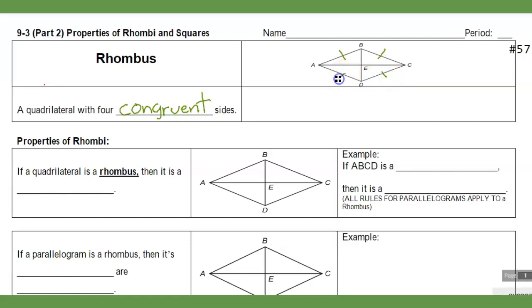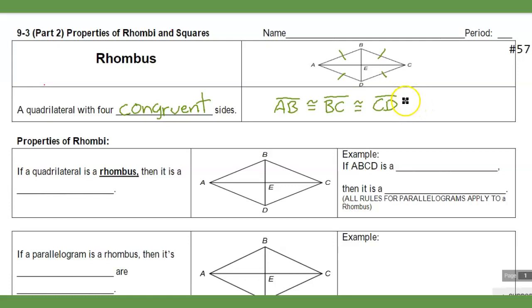And the usual shape we think of that has four congruent sides would be a square, but this is not a square. So how come this is not a square? Yeah, no right angles. So we're not quite there.